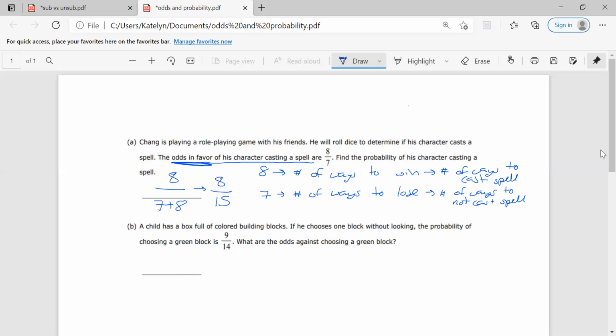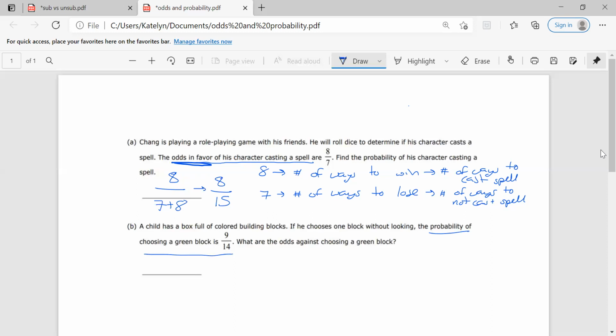Okay, so now we're going to start with the probability and work to the odds. Let's start by dissecting the probability we're given. The probability of choosing a green block is 9/14. So that's our probability in favor of.